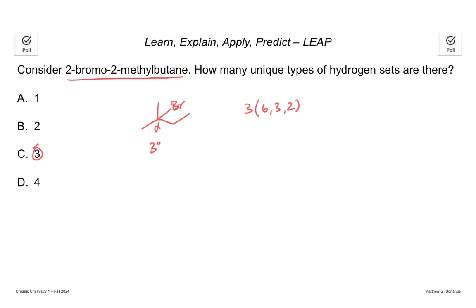And so we have alpha. The two methyl groups I've labeled as beta since they're equivalent, and then the methylene is beta prime. So we're interested in really these sets here. That's beta, and that's beta prime.